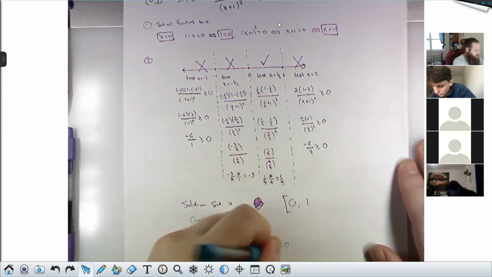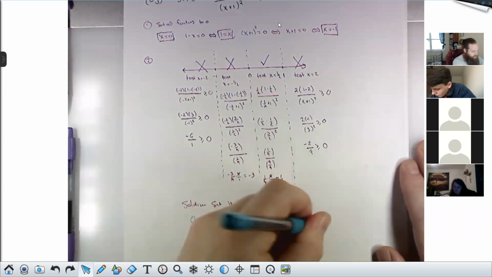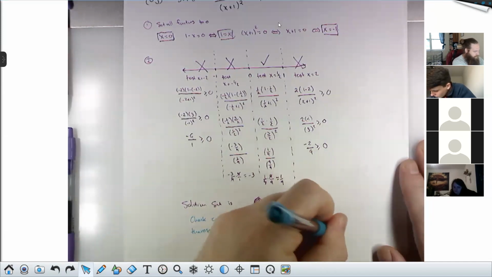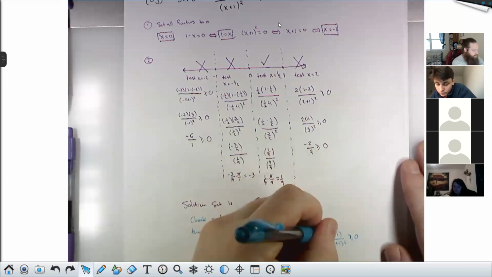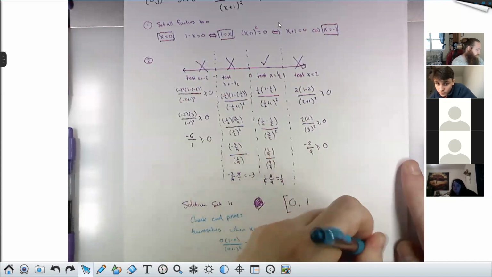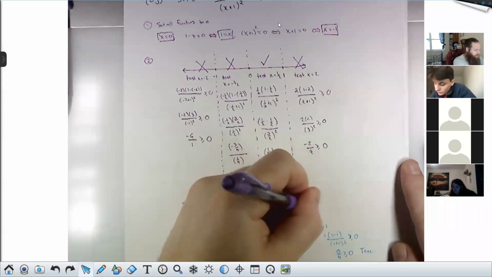And when x is equal to 1, here I'll have 1 times 1 minus 1 over 1 plus 1 squared is greater than or equal to 0. And again, the top here is 1 times 0 over 4, right? This is 0 over 4 is greater than or equal to 0, which is also true because 0 over 4 is equal to 0. So this time we're going to use brackets on both.